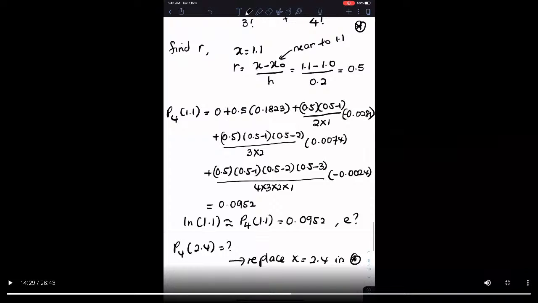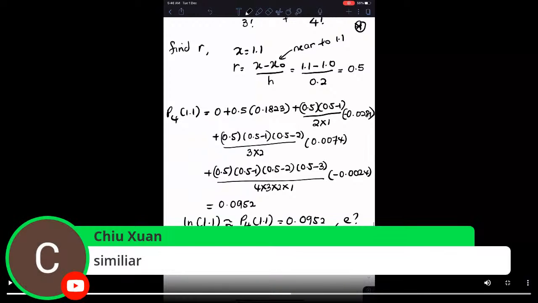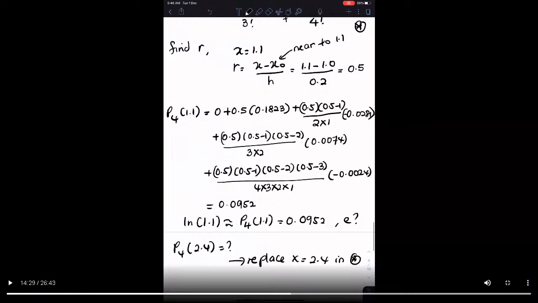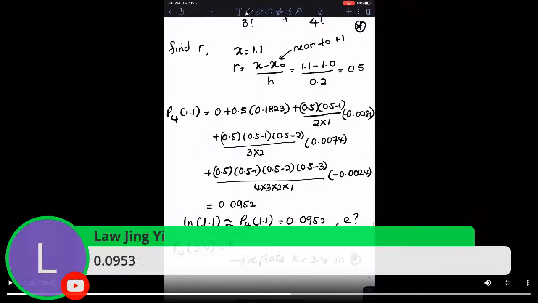Similar from the Newton divided and the formula that you get from the data, from the Newton forward? Or if that is not similar, can you find the absolute error? Similar, yes. Absolute error?